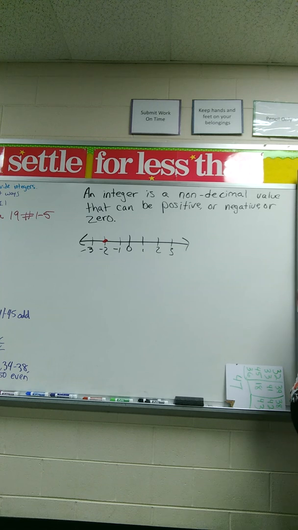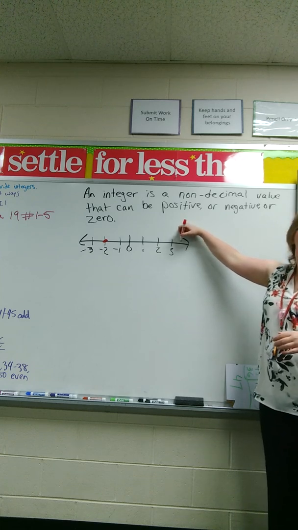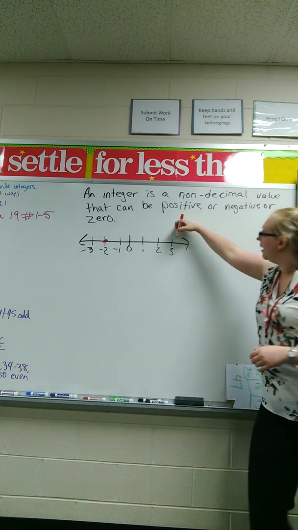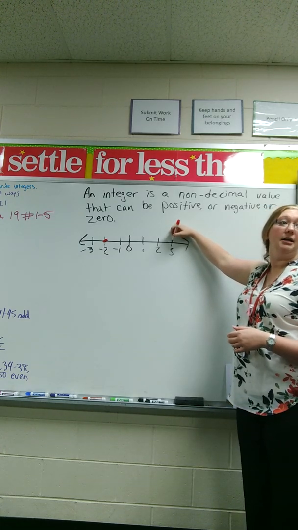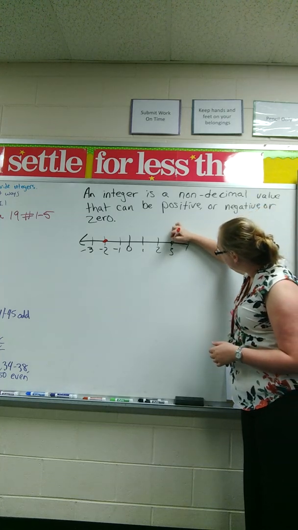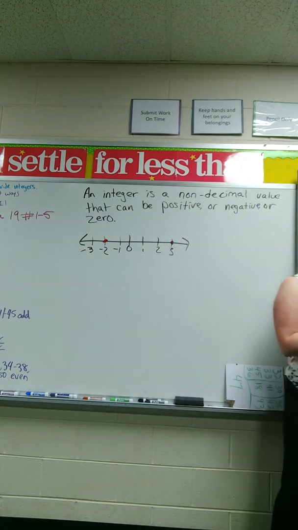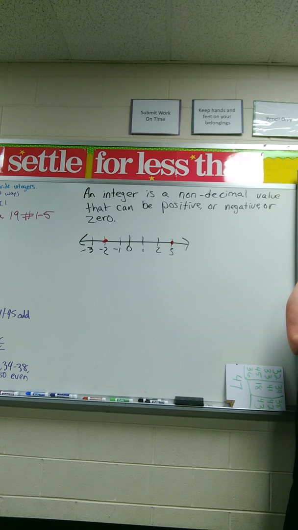Okay, and I'm going to put a dot where? On top. Okay, so I would put a dot at 3. So I would put my dot at the number 3.